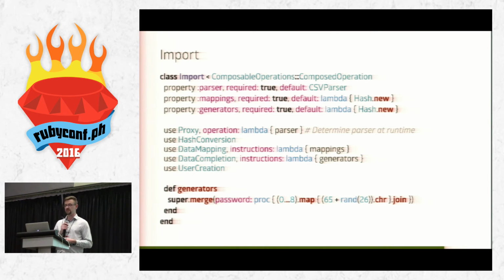The pipeline itself would then look something like that, where as a first call we have our use proxy method. And the proxy is, in this case, the value of the parser property. By default, this parser is a CSV parser, but we can now instantiate our operation with a different parser.